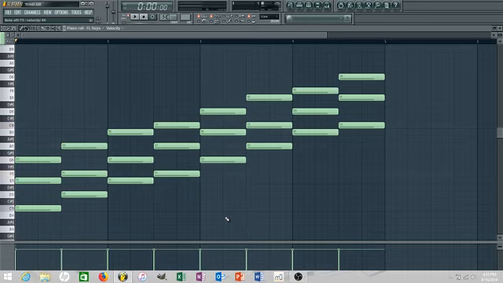The 5 chord is also major. The 6 chord is minor. The 7 chord is diminished. And then we're back to the 1 chord. So basically it goes like this: major, minor, minor, major, major, minor, diminished, and then we're back to major, back to the 1 chord.